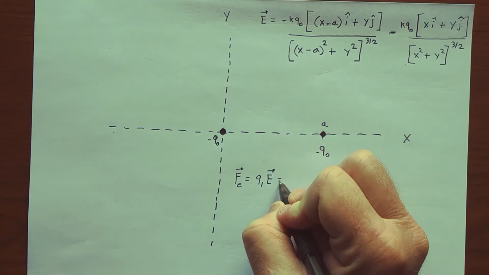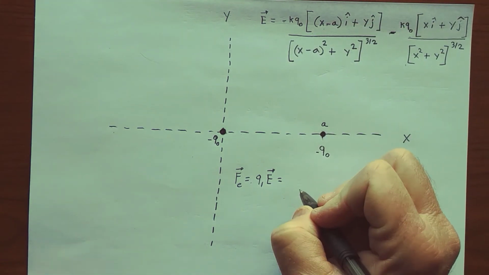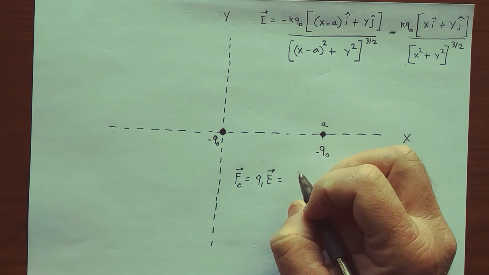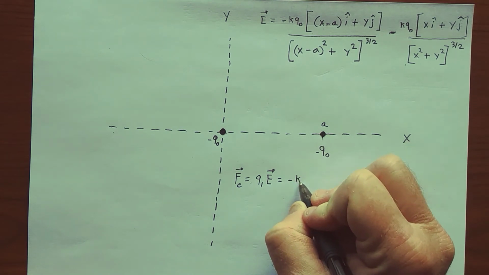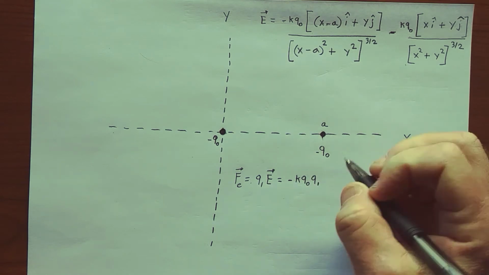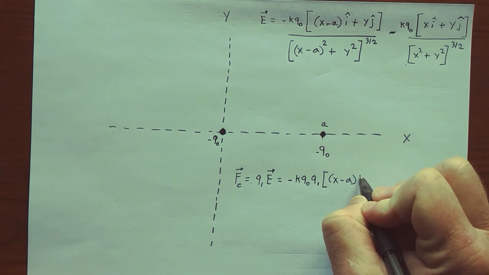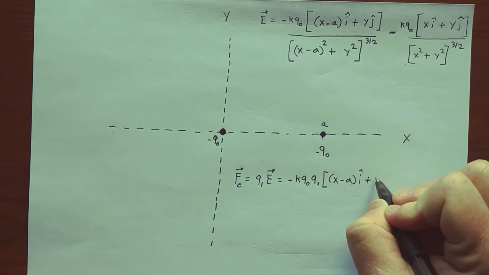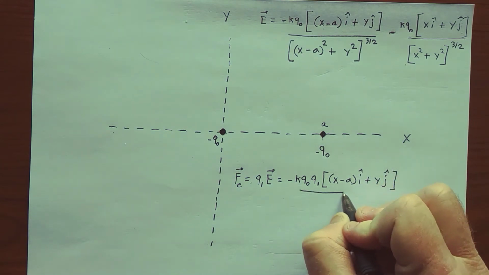And the electric field that it's in is this. So the force on the particle of charge Q1 has two terms. It's just minus K, Q naught Q1 times x minus a.